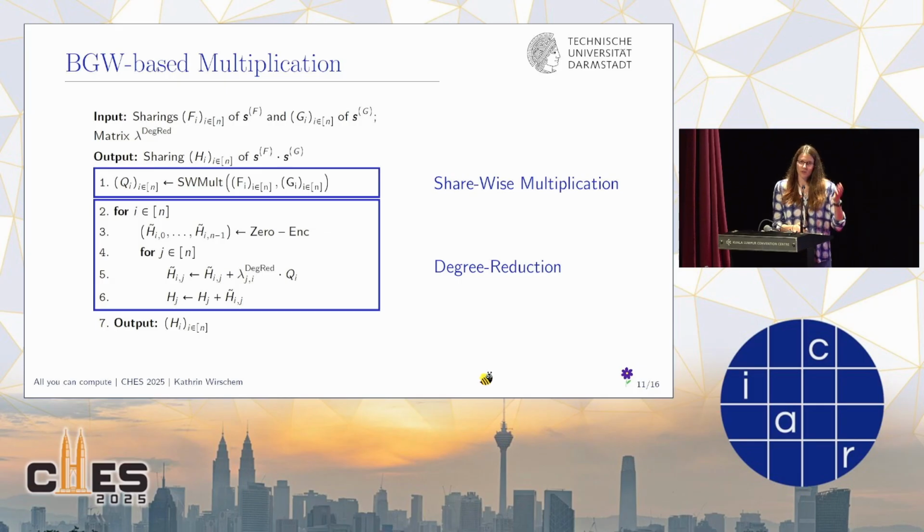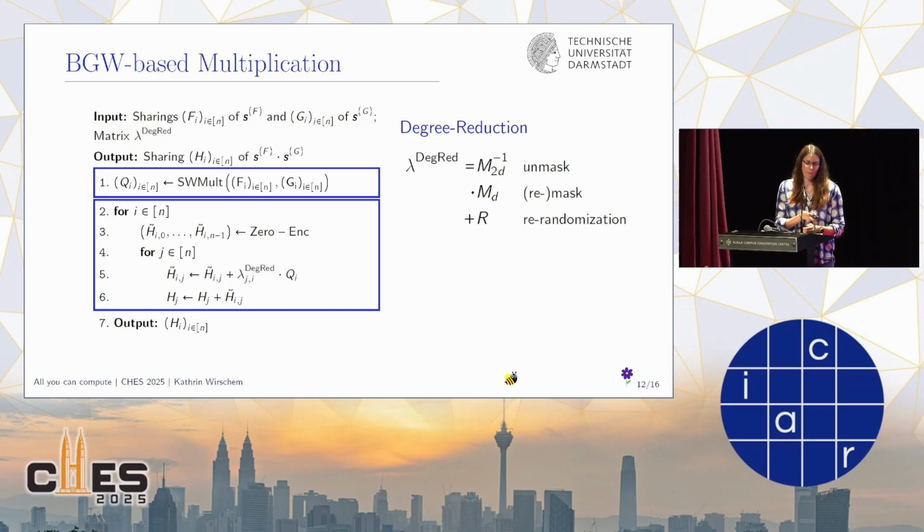You can see here the pseudocode, and as I mentioned, that's basically just a sharewise multiplication together with a degree reduction, where our degree reduction consists of a refresh, which is denoted here as the 0 encodings, and later the addition of the 0 encodings to the things we compute, together with a matrix multiplication, which is here the multiplication with the matrix lambda. This degree reduction matrix is built as follows. It first unmasks with respect to the degree 2D polynomial, then remasks with respect to a degree D polynomial, and adds some randomness.